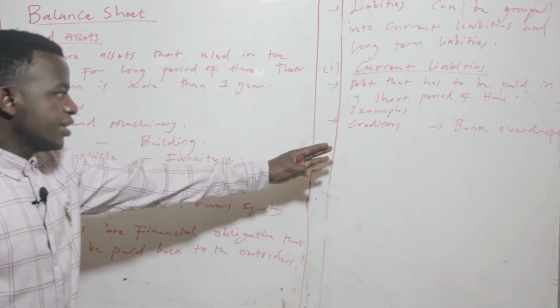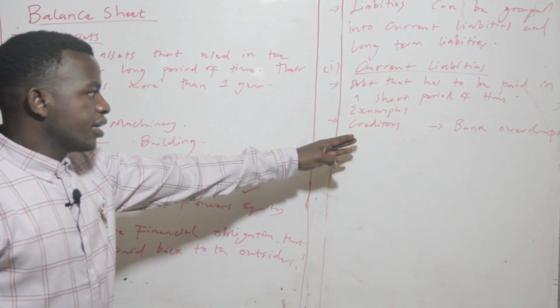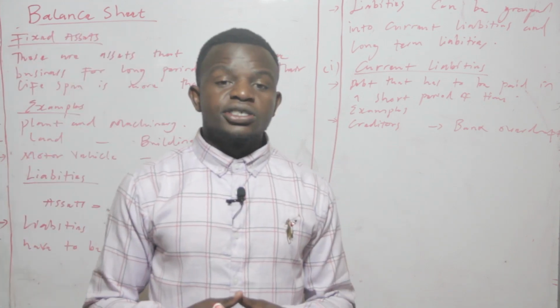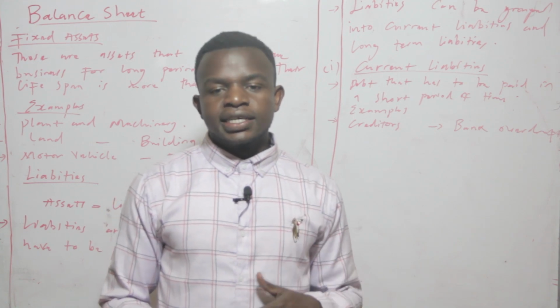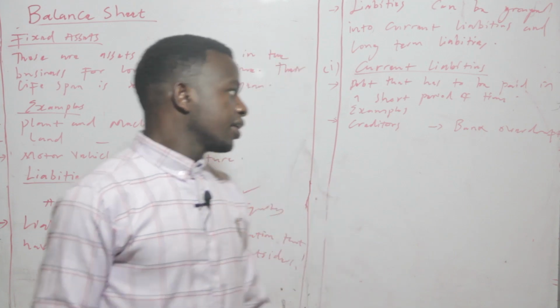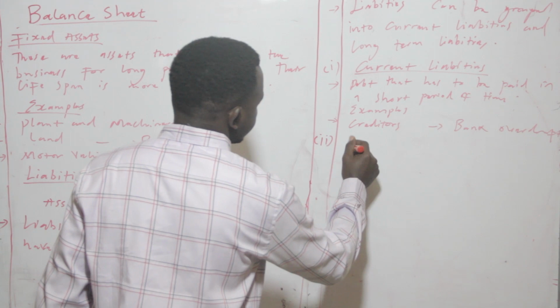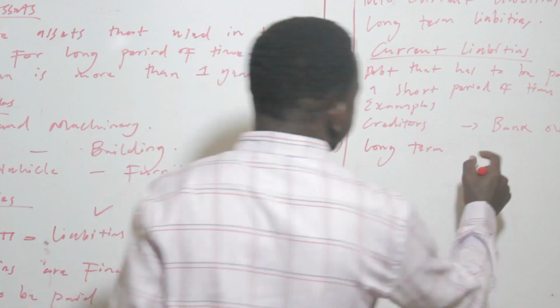So creditors here, this is just the amount of money that is owed to the suppliers. And the bank overdraft is a situation where the business is able to withdraw more money than its bank balance. Then let us look at long-term liabilities.